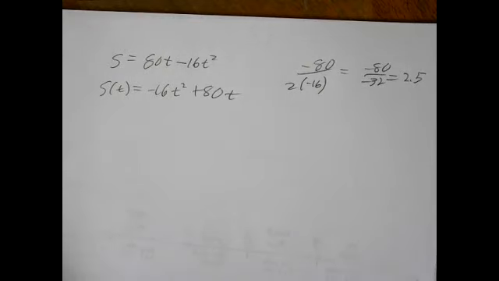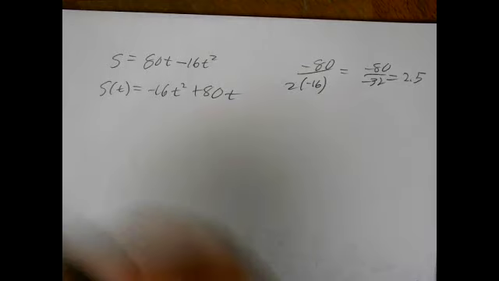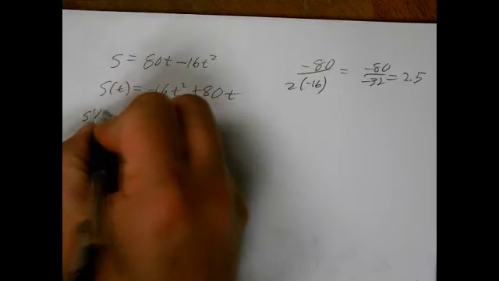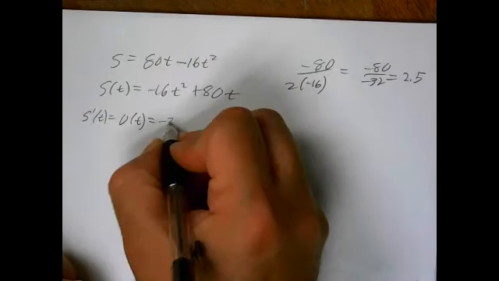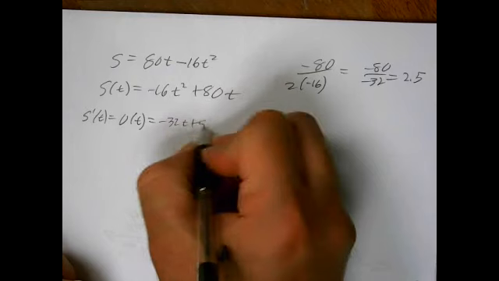So how would we find a maximum? Well, the maximum height is going to occur when it comes to a rest. In other words, you throw it up, it momentarily stops, and then it comes back down. It comes to a rest when velocity equals 0. So s prime of t is v of t, which is going to be a negative 32t plus an 80.